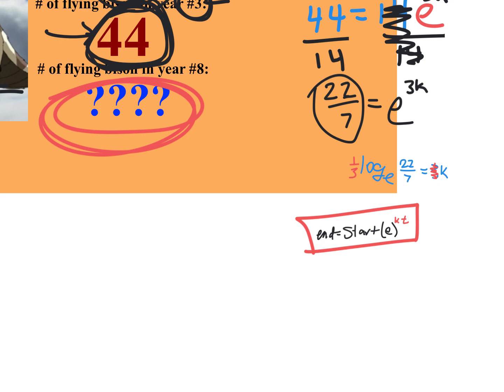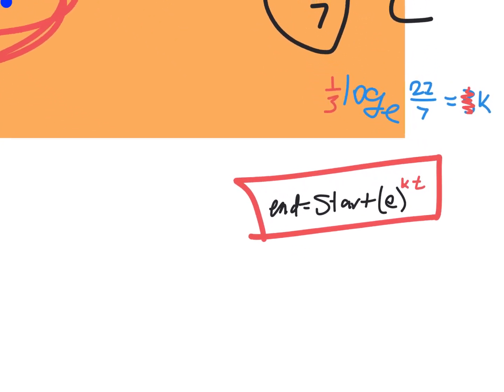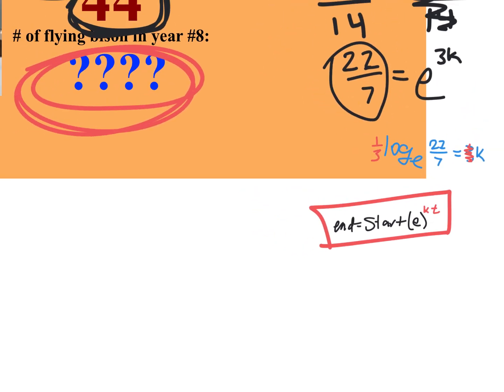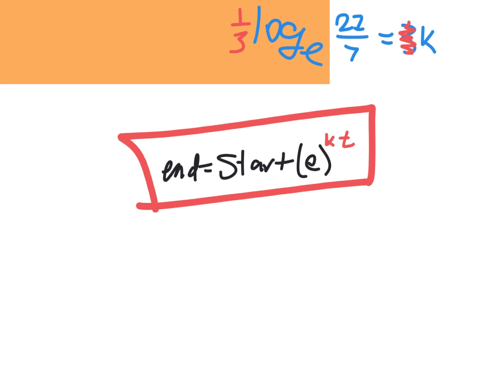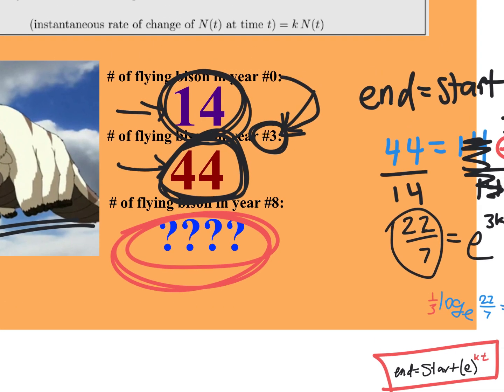All right, so let's put the pieces together. So what was the end value? We don't know. We don't know the end value because it's saying 4 question marks. We don't know how many flying bison there are in year 8. So start value though, we do know that. Just look what it says. In year 0, there were 14.